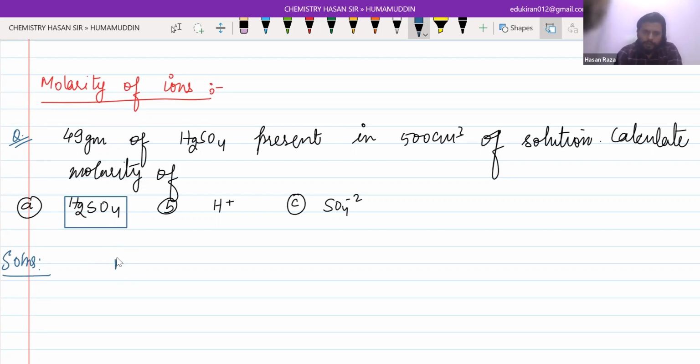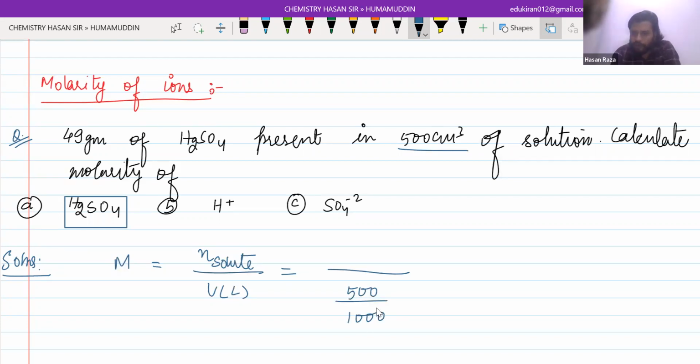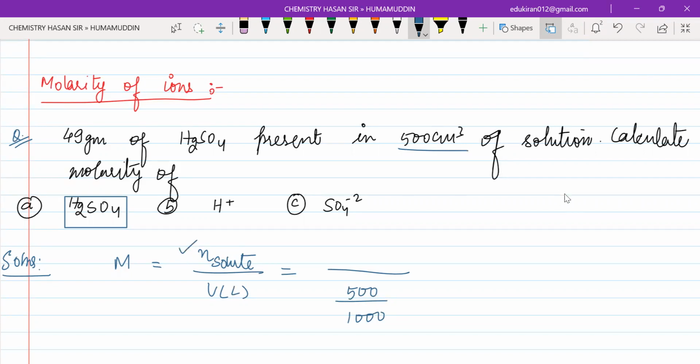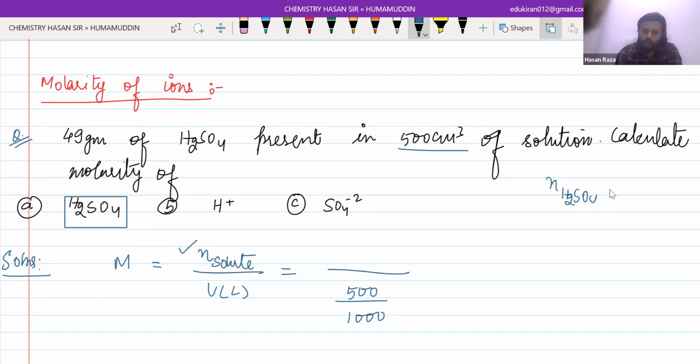Okay, I'm going to explain. Molarity is equal to number of moles of solute upon volume of solution in liter. Now you can see volume is given, that is 500, and we have to divide it by 1000 to convert to liter, right? Yes, sir. And here number of moles of solute you can easily calculate, and the solute is your H2SO4.